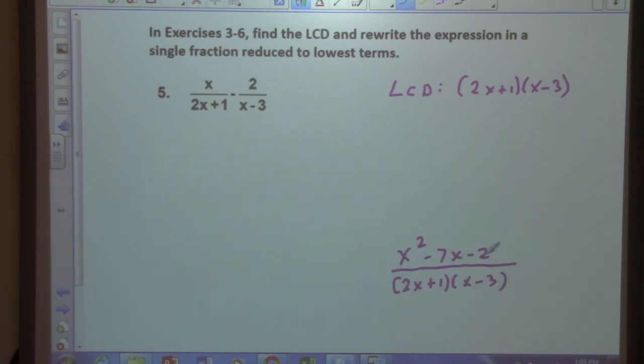Okay, I think that's what we got too, but let's go ahead and write this out. You got x times x over... like this.